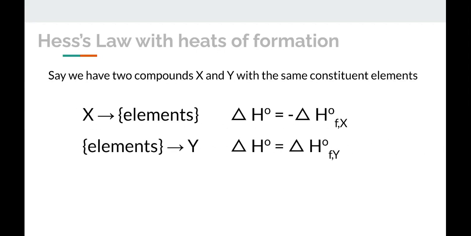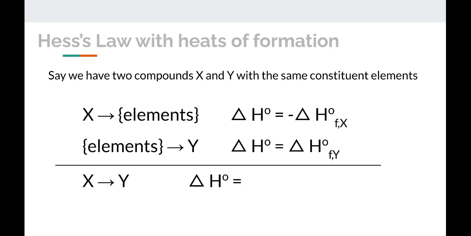Then if we took those same elements and reassembled them into compound Y, the enthalpy change for that reaction would be delta H of formation for Y. So if we add these together, the constituent elements are going to cancel out, and we just have X becomes Y. That's the reaction that we're interested in. What's delta H for this process? Well, it's the sum of the 2 delta H's for the individual steps, which turns out to be delta H of formation of Y, the product, minus delta H of formation of X, which was the reactant.